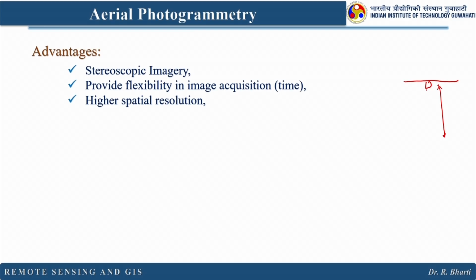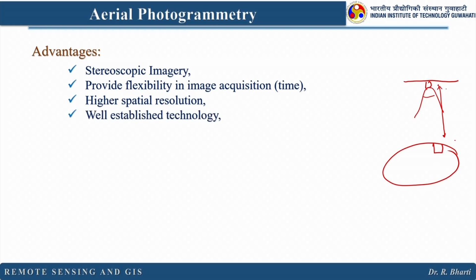So in that case what will happen? The FOV is there, and based on this height the coverage will be much smaller. So when you have a smaller coverage area, then the pixel resolution or the spatial resolution will be very high, and it is a well established technology.